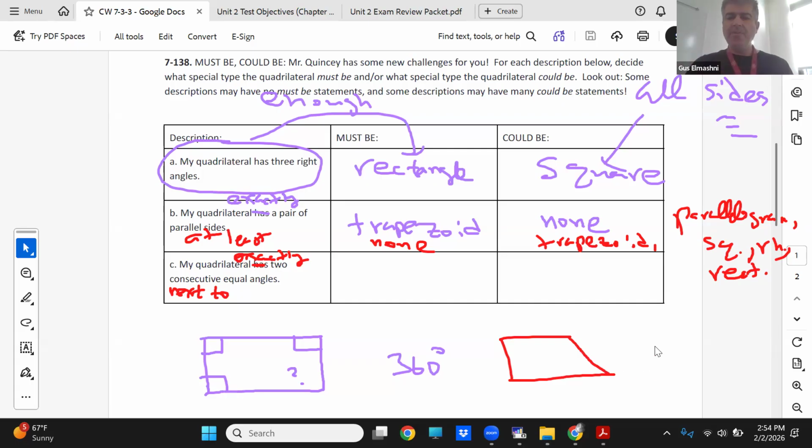But you could also make it kind of funky a little bit. I'm kind of struggling with my drawing here.